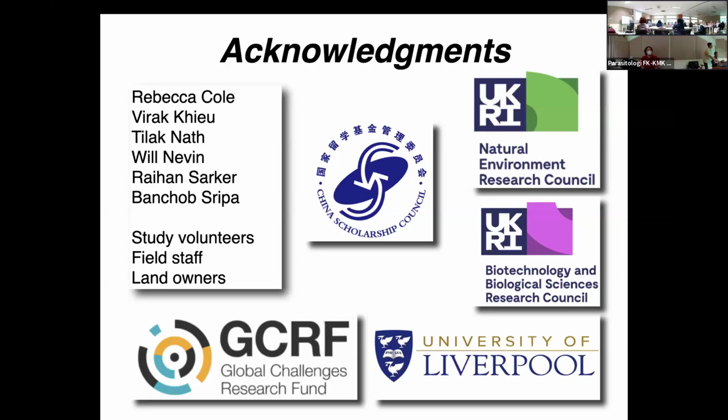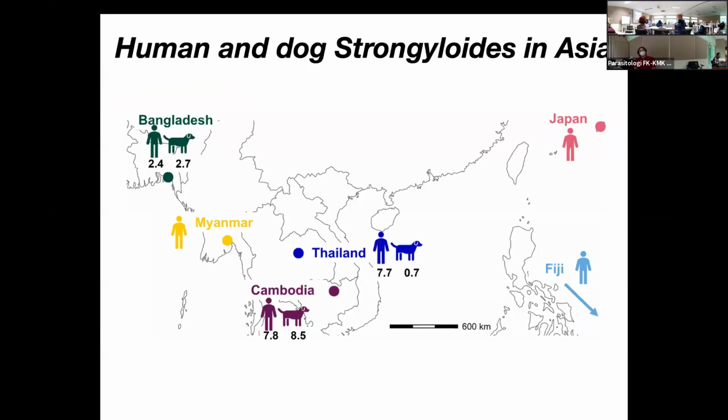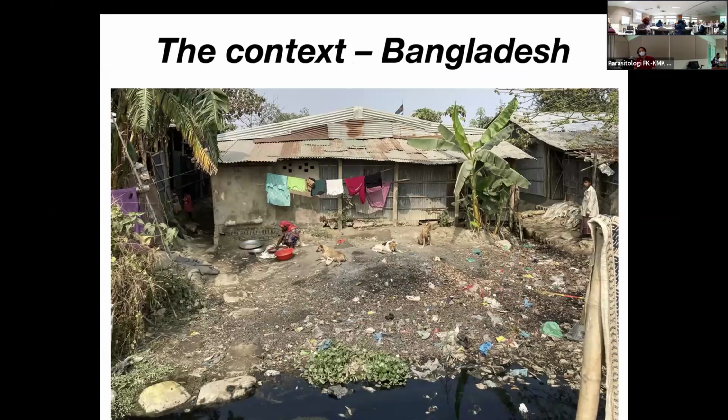So the first question was how do we sample? The dogs lived in and around people, so they were in the same communities, very much so. Particularly in Bangladesh, if you remember that picture I showed you, it's actually quite different from Indonesia. I was surprised, I don't think I've seen a dog since I've been here. Bangladesh, also a Muslim country, has dogs everywhere. They're just wild in the streets, two or three dogs everywhere, living in very close association with people.